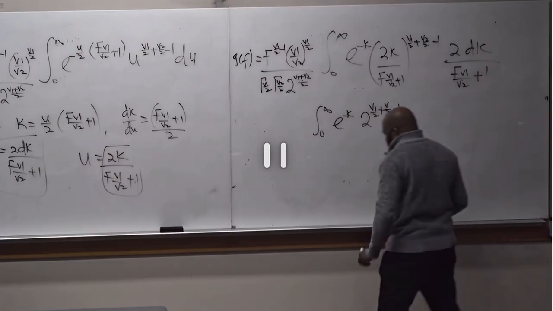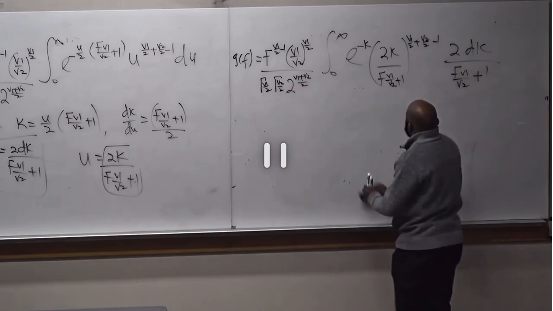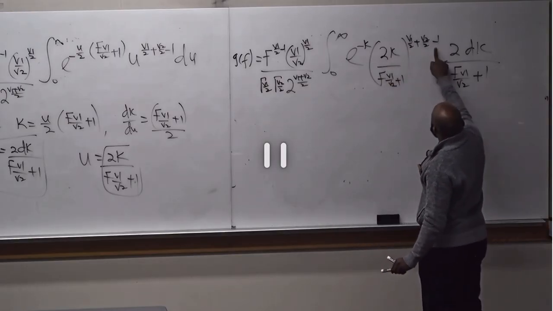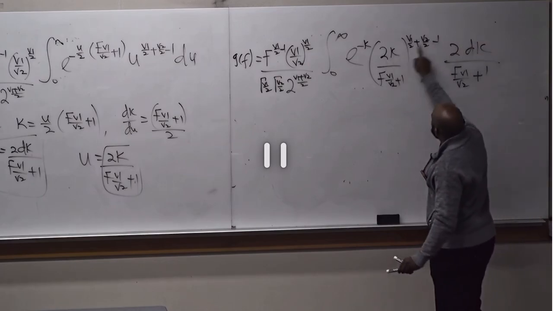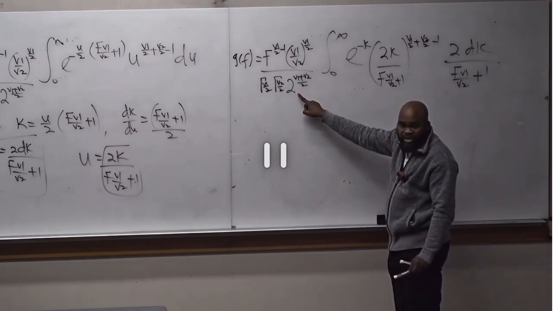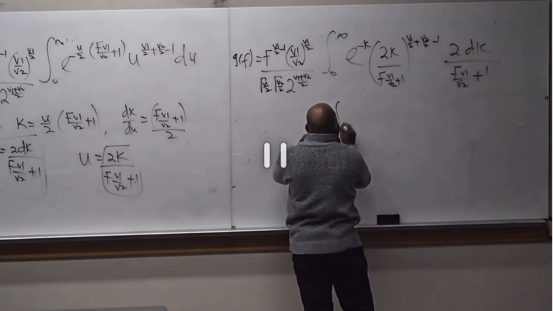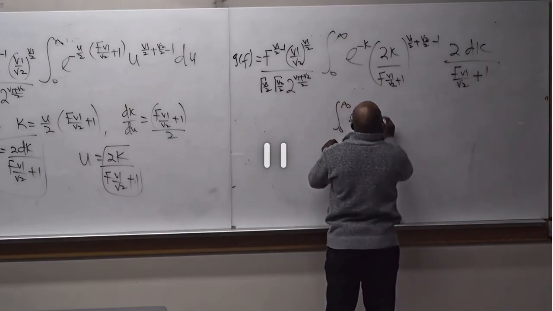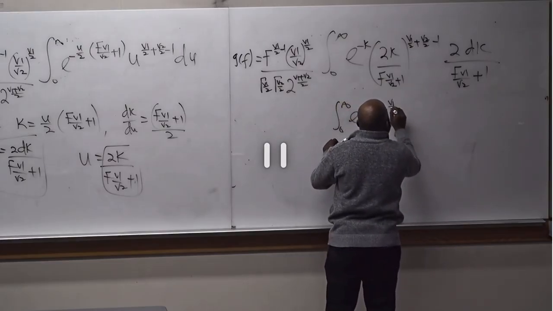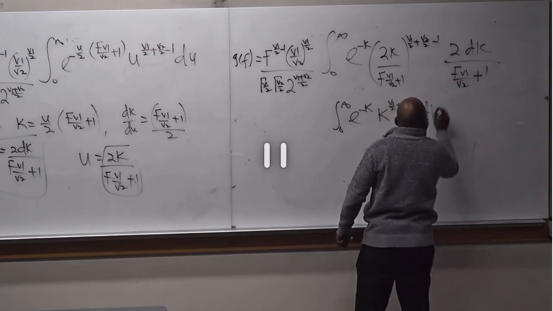I just want to go fast now. Look at what I'm saying. 2 carrying this is 2 raised to power 1. That 1 cancels negative 1. I'm going to have 2 raised to power this, and that will cancel out this. So what I'm going to be left with is just the integral from 0 to infinity of e raised to power negative K, K raised to power this, dK.